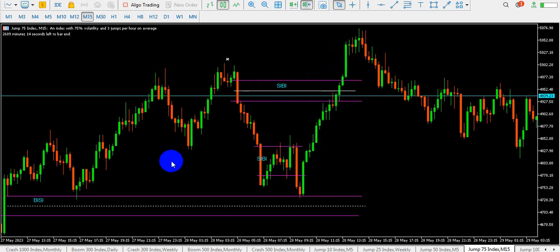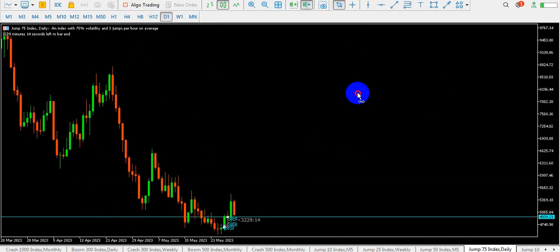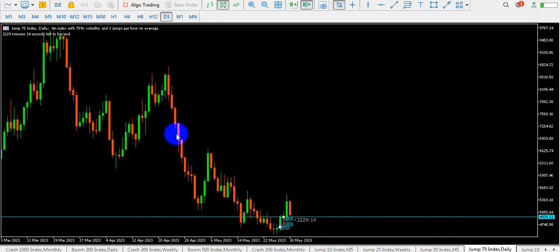Can you see that fair value gaps are everywhere, and they are not limited to one particular chart? You can see fair value gaps on the daily time frame. Let me take a look at the daily. Now this is all what we have done in the weekly time frame. So you can see fair value gaps on your daily time frames. Look at this, this is a fair value gap here.